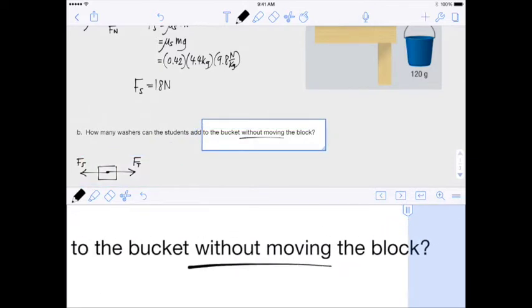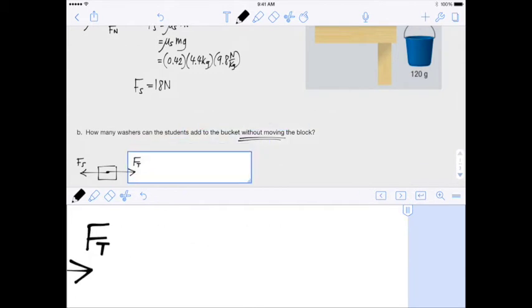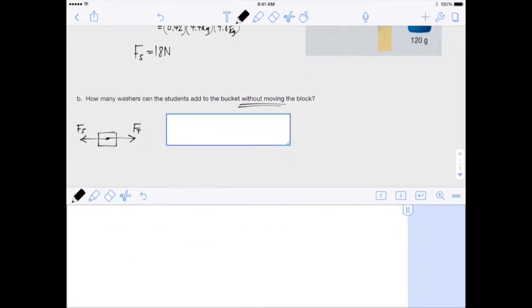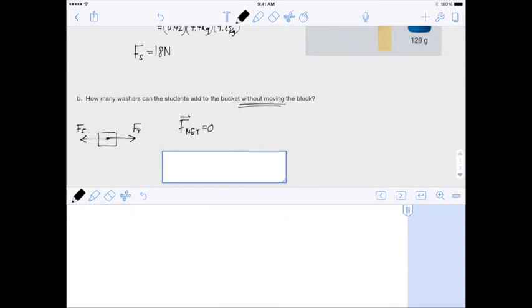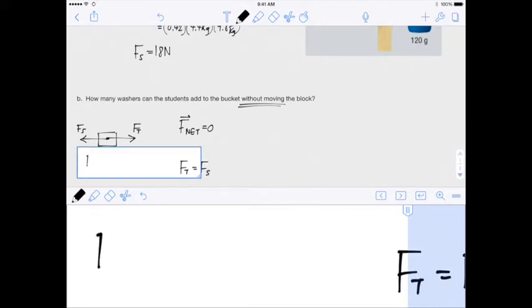It's important to note that in this situation, the object is not moving, so the net force on the object must be 0. In order for that to be true, the force of tension has to be equal to the force of static friction. We've identified the force of static friction as 18 newtons.